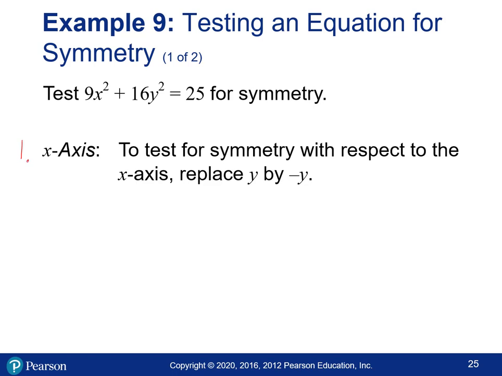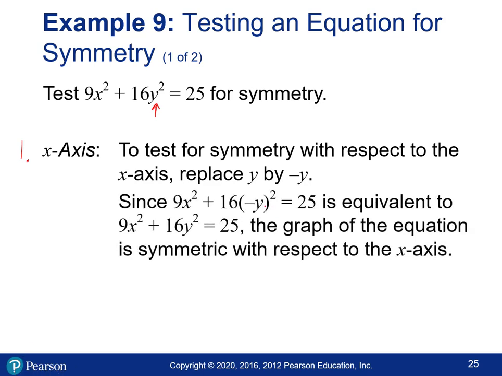So for the x-axis symmetry, we're replacing y with negative y. So right here, we're going to plug in negative y using parentheses. And so we have negative y squared. When you square negative y, so I'll do this off to the side, you have negative y times negative y, which becomes positive y squared.